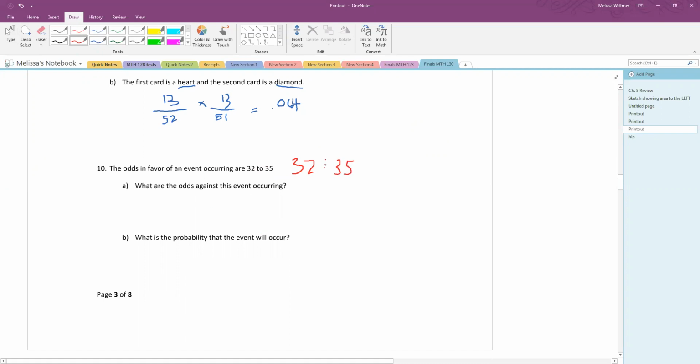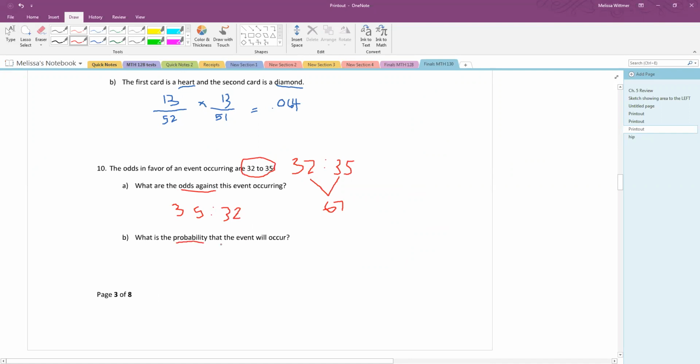So if this is the odds in favor, then our total events, if we add 32 plus 35, will give us 67 total events. So 32 in favor, 35 against is the way this is set up. To get the odds against, all we do is switch the numbers, 35 to 32. So don't make up new numbers or anything. It's just taking these numbers and switching the order.